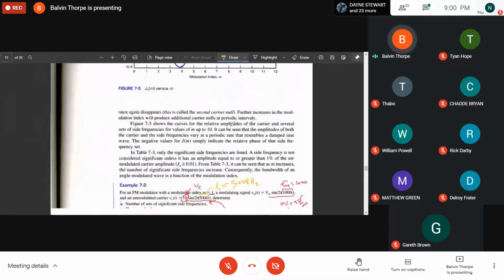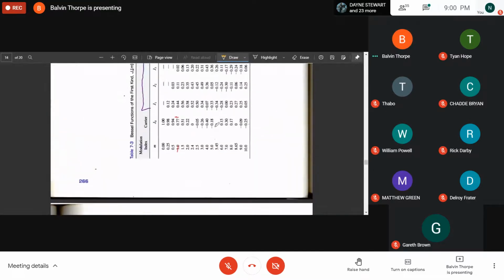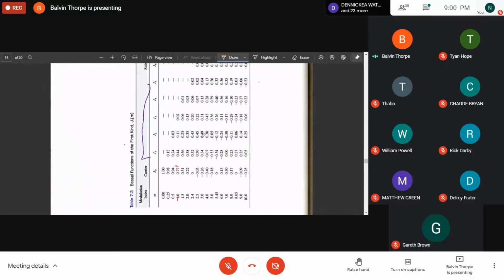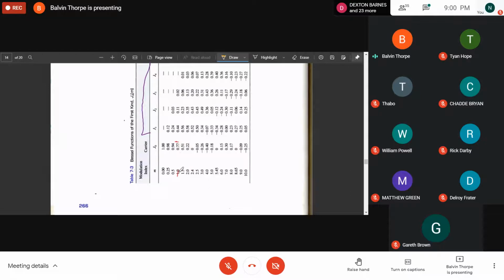With a modulation index of 1, we can go to the table and determine that it has a carrier plus 1, 2, 3 sets of side frequency.